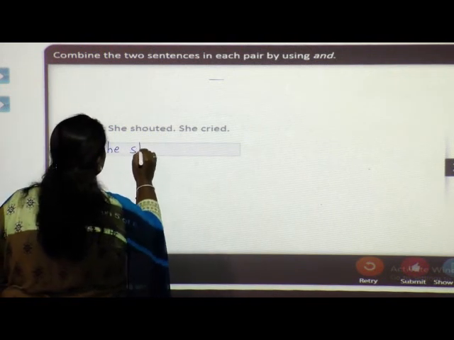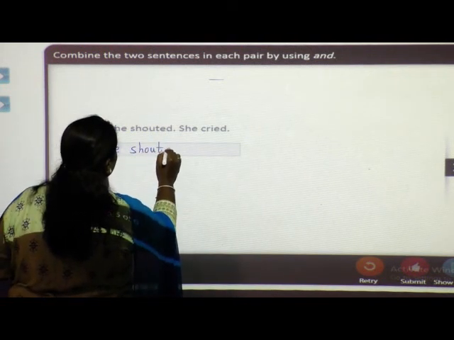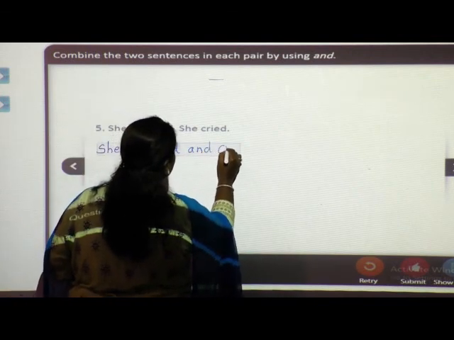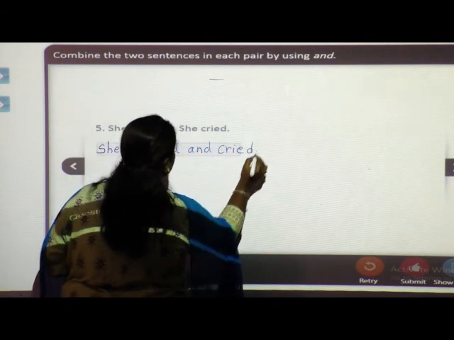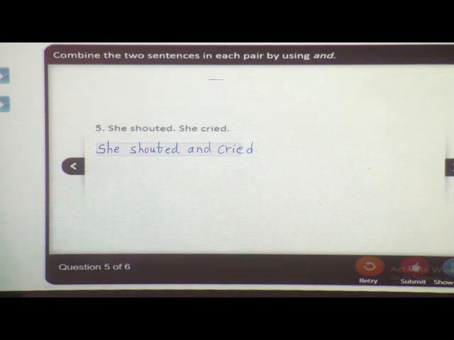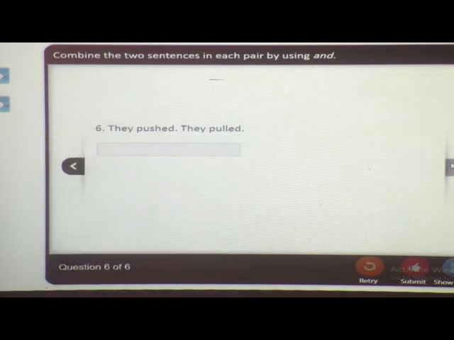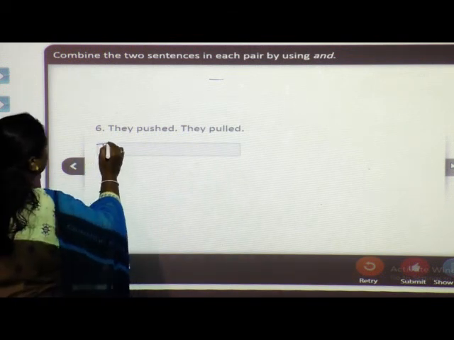Okay, the next one, they pushed, they pulled.